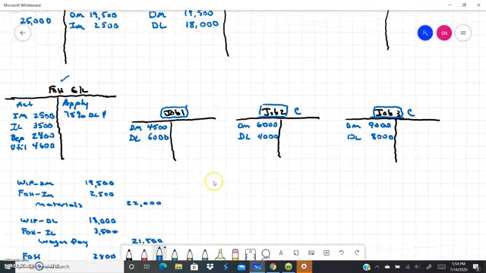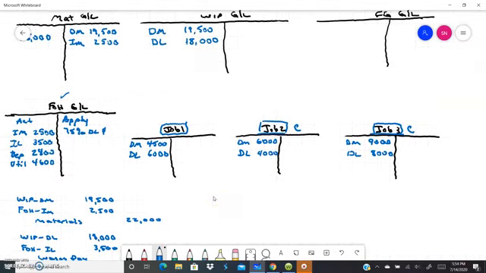Okay, so let me scroll down a little bit. All right, so now we are going to go ahead and apply factory overhead to the jobs. And we're going to do that based upon 75% of the direct labor dollars in each job. So for job 1, factory overhead, 75% of 6,000 would be 4,500. Remember, we're using 75% of direct labor dollars to apply factory overhead.